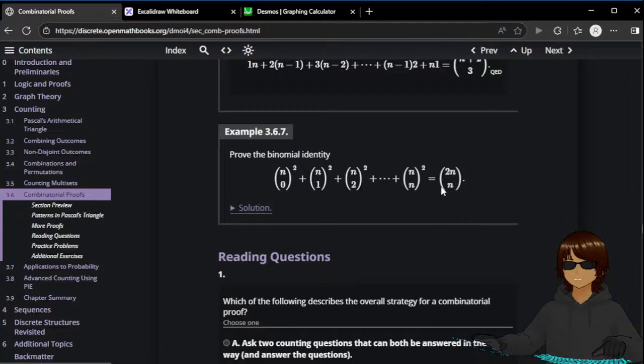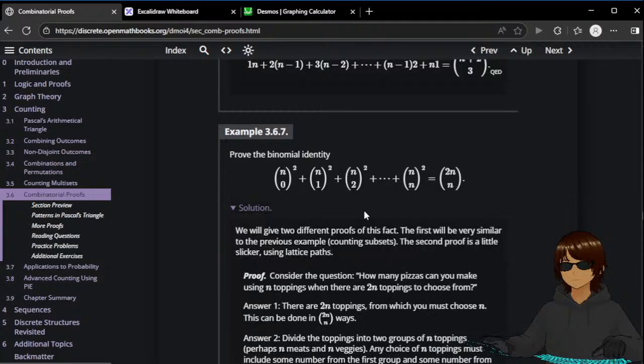Square, square, square, square. I see 2n choose 2. Okay, let's see.